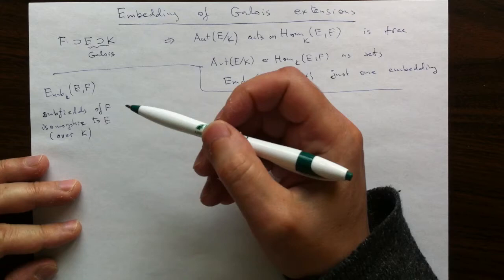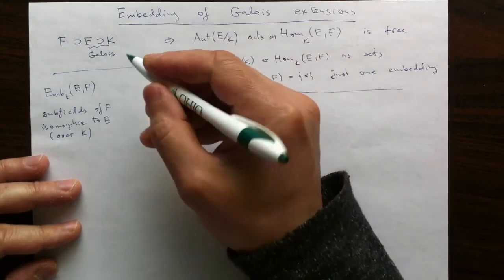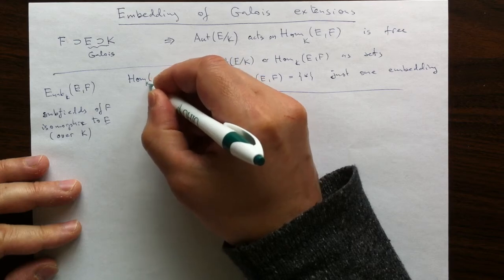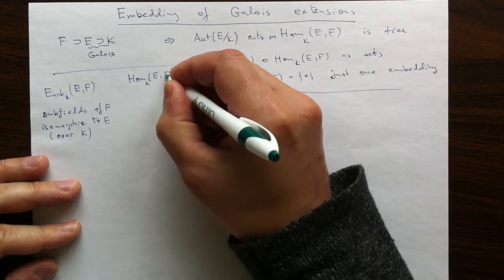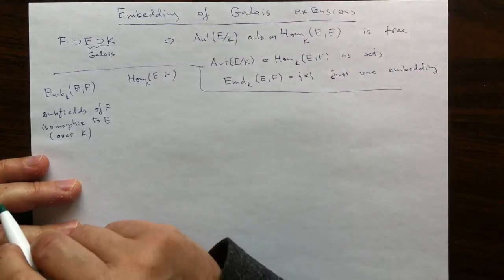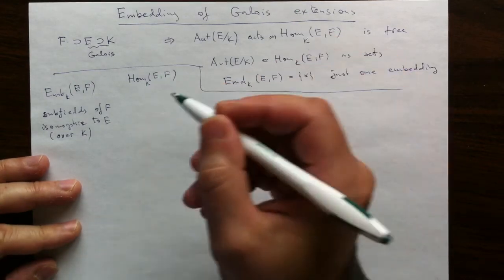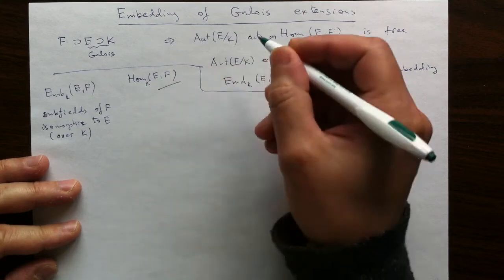So isomorphic in some way, we don't really record this way, but if we want to record it, we will have data of a homomorphism from E into F, an injective homomorphism. But we don't care in the way we really record elements of E.